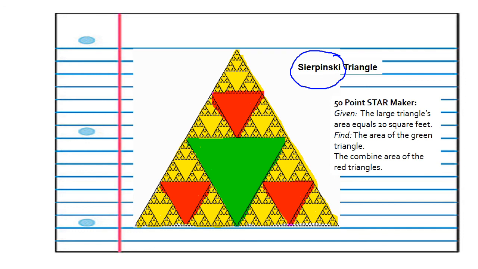What you need to do is find the area of the green triangle and then the combined area of all 3 red triangles. So that means this red triangle plus this red triangle plus this red triangle. All right, guys, have fun.